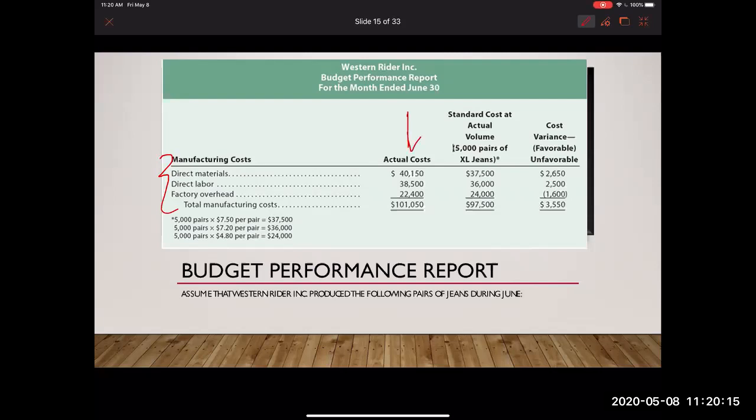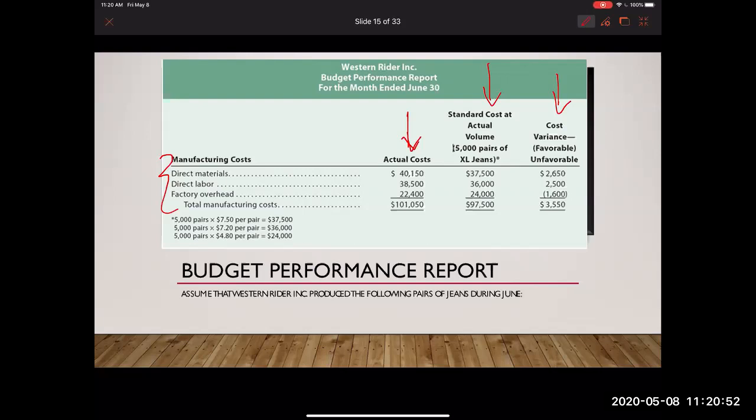These are our actual costs that we experience in the manufacturing process. This column shows the budget, when we set out at the beginning of the year and created standards. This was our standard cost at this particular volume. And then the very last column does the comparison for us. It looks at actual costs, and then it looks at the standard cost for that same volume, and the difference will be our cost variance, whether that's favorable or unfavorable.